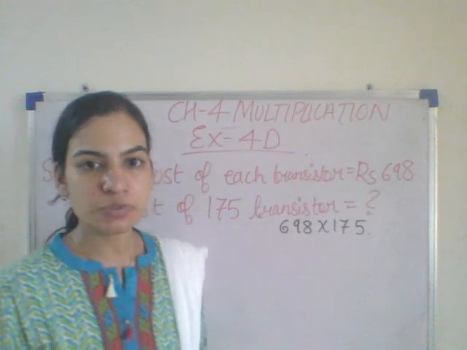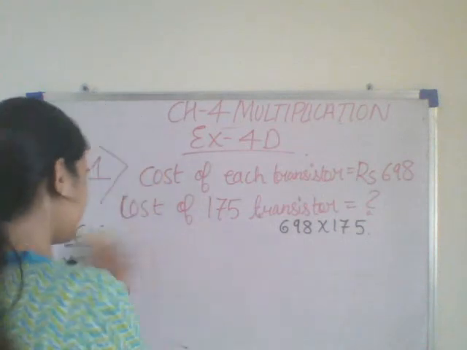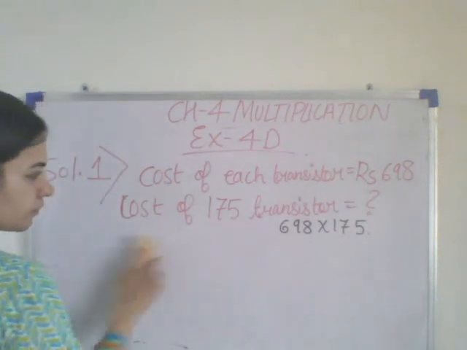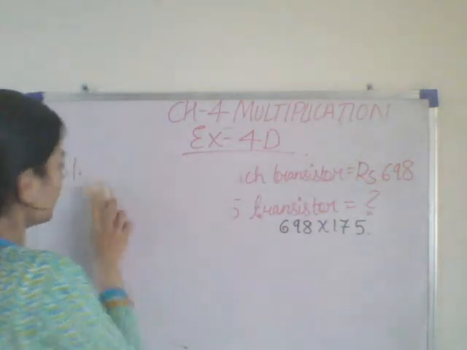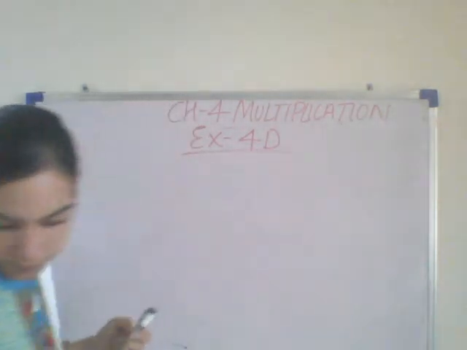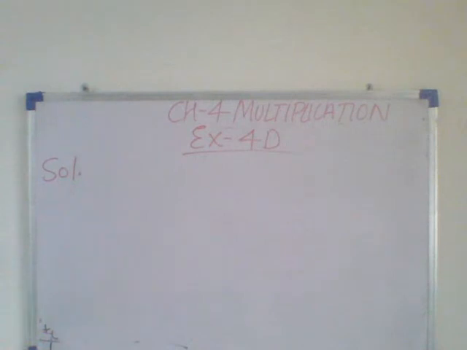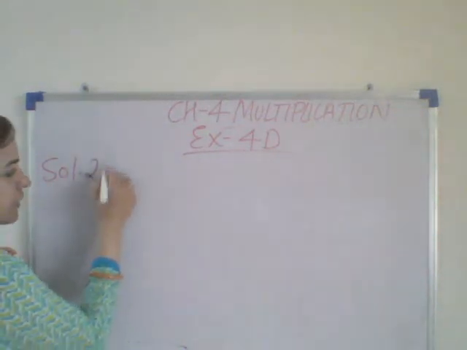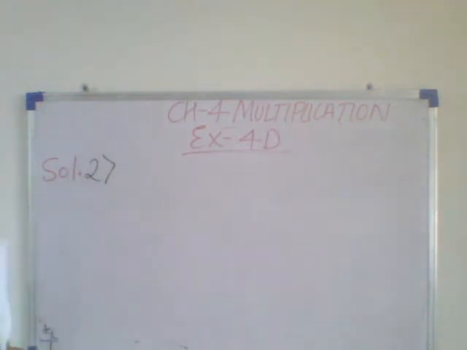Now let us move to our next question. That is our question number 2. There are 504 tennis balls in a carton. How many tennis balls are there in 163 such cartons? So let us do the solution of the second question. What is given?